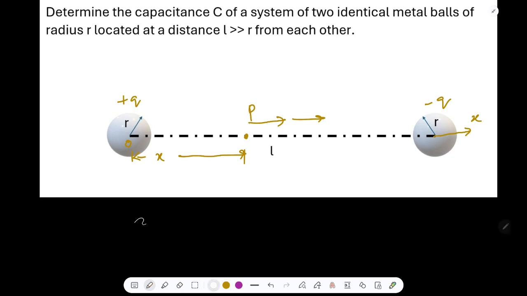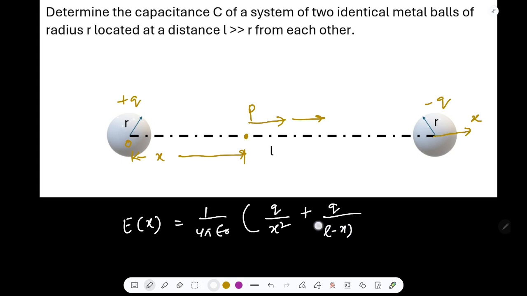We can write the electric field at point P as Ex, equal to 1 upon 4 pi epsilon naught, times q upon x squared due to the left ball, and q upon the distance (L minus x) squared due to the right ball.